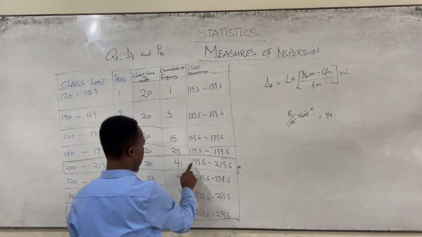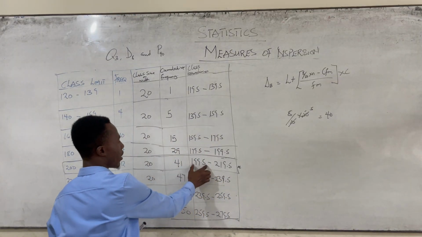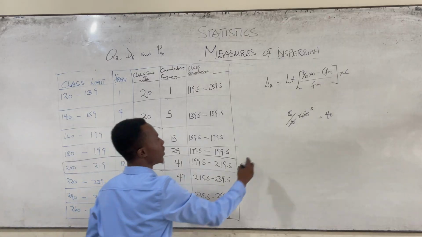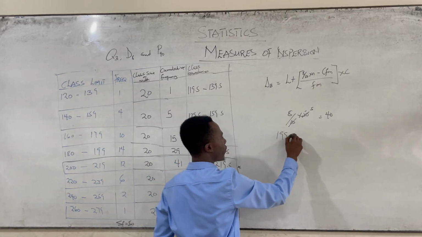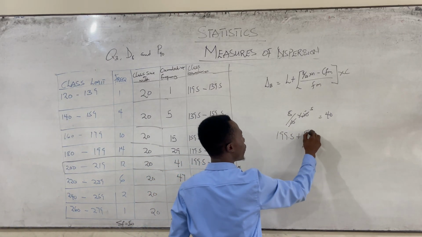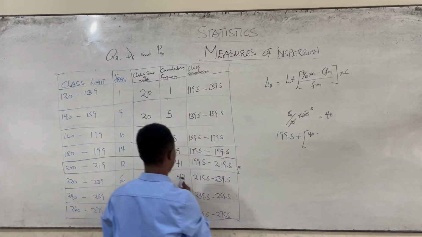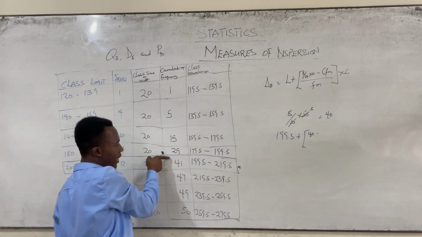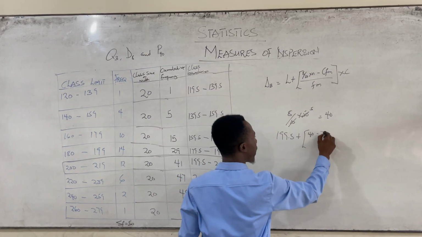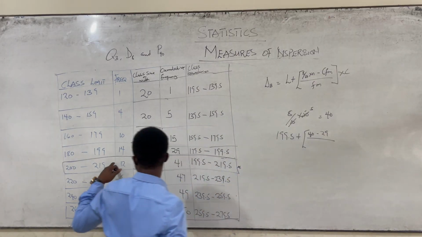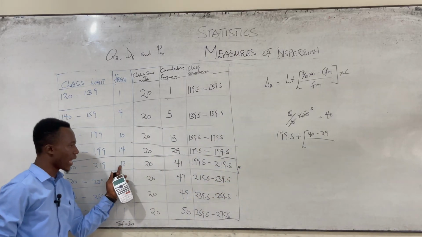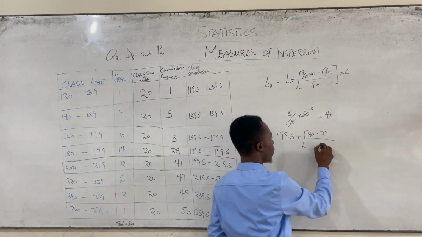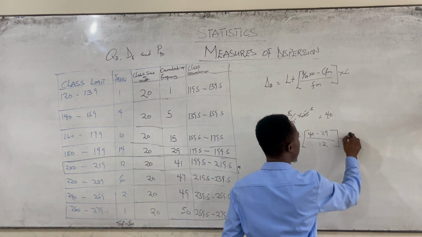L is 199.5, because it is the lower class boundary of the class that we are dealing with. So 199.5 plus 40 minus the cumulative frequency of the preceding class, which is 29, over the frequency of that particular class we are dealing with, which is 12, then we multiply it by 20.